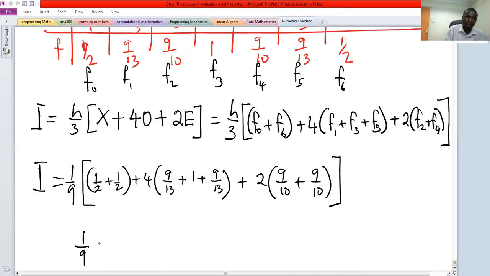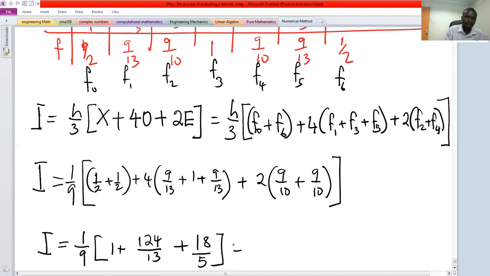This will be 1/9 into 1 plus this one we get 124/13. The other one we get 18/5. So this is I, and this will be 1/9.